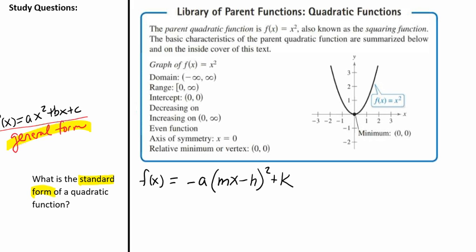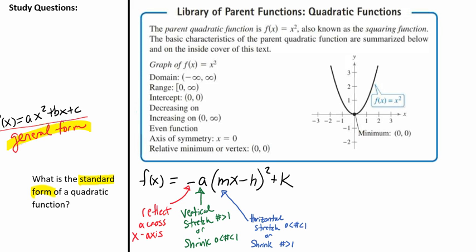And each piece plays a part. Here, that negative in the front tells us that it's going to reflect across the x-axis. If there's a value in the front that's being multiplied, then that's going to be a vertical stretch or shrink. If that number's larger than 1, it's going to be a stretch, and if it's between 0 and 1, it's going to be a shrink by that value.